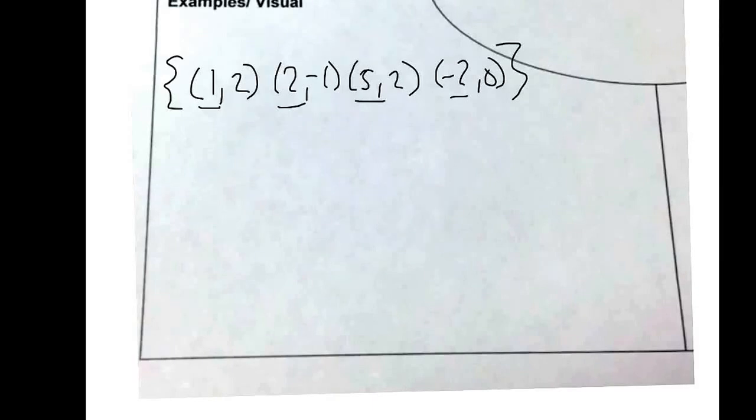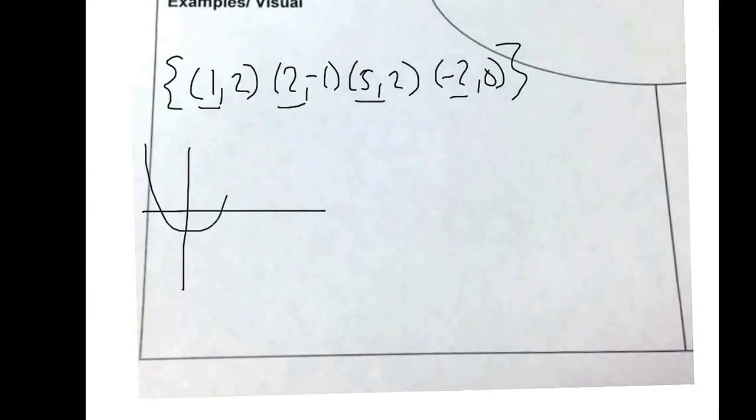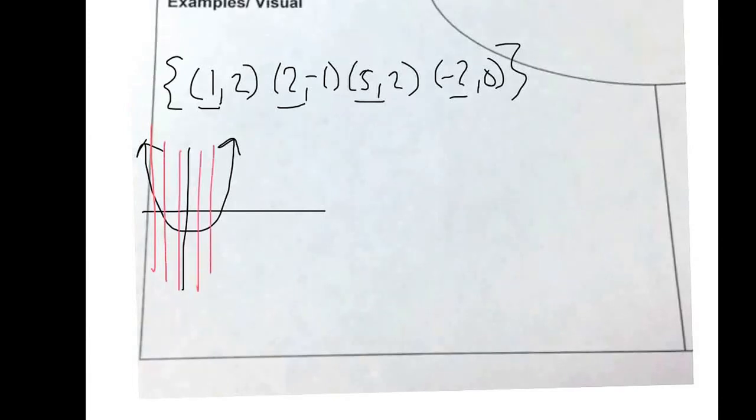We could have a graph. This graph is a function. We're going to learn about something in class called the vertical line test. The vertical line test says if I draw lines down, these red lines, see how each time I draw a red line down, it only hits one time? That means the x's don't repeat with anybody, and that's called the vertical line test. We'll learn more about it next time.